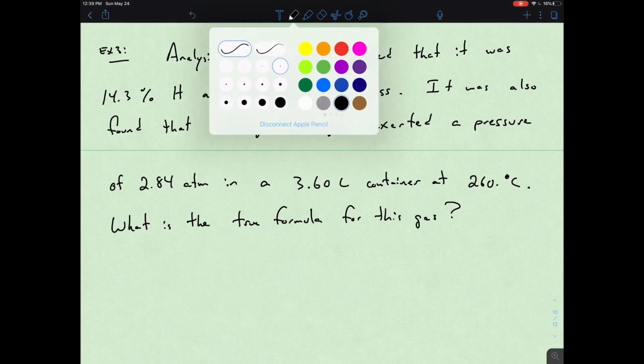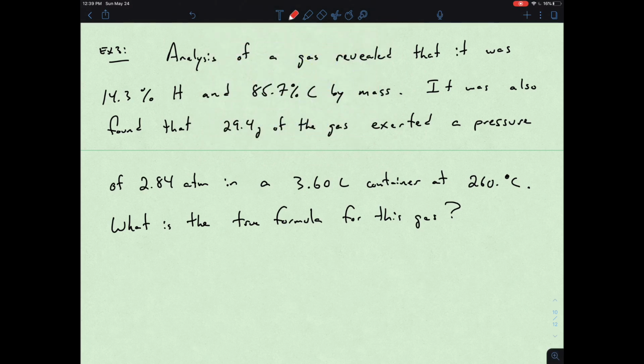So this is actually bringing some old stuff into the mix, right? This idea of true formula. Remember that our true formula is really derived from our empirical formula.